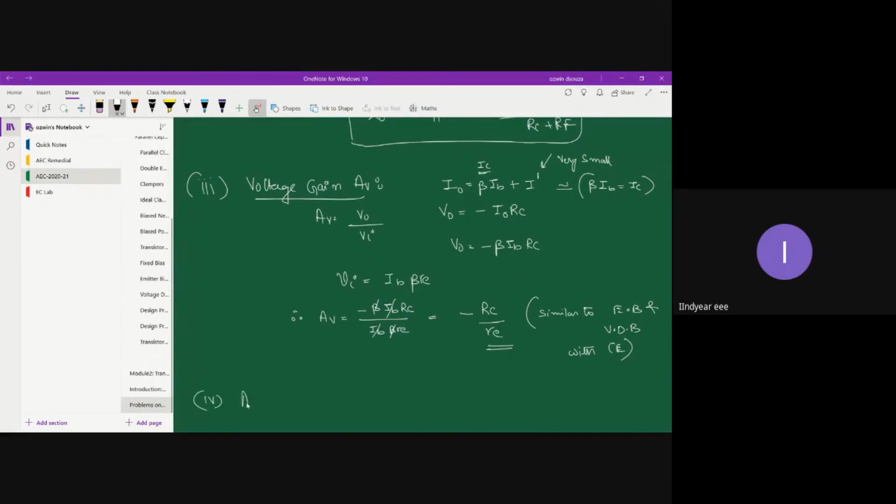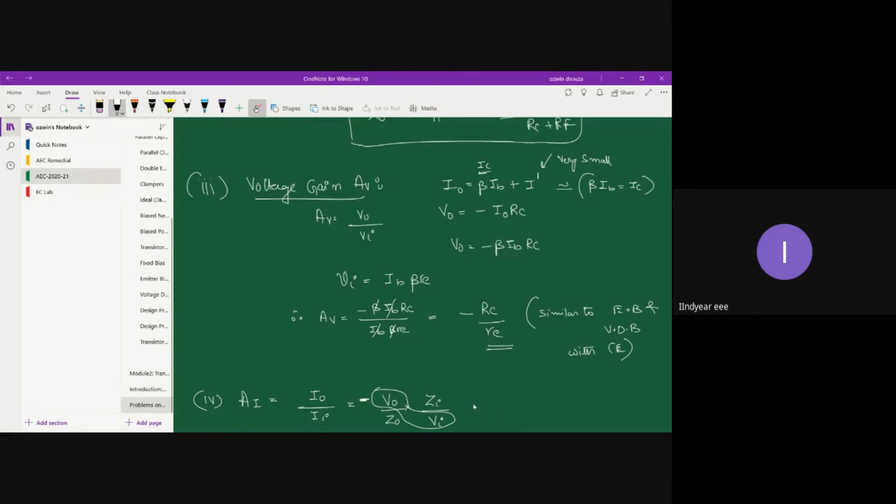And finally, you have your current gain AI, which is I0 by Ii, which is V0 by Z0 into Zi by Vi. So you have this ratio V0 by Vi, which is minus because the output voltage is negative here.